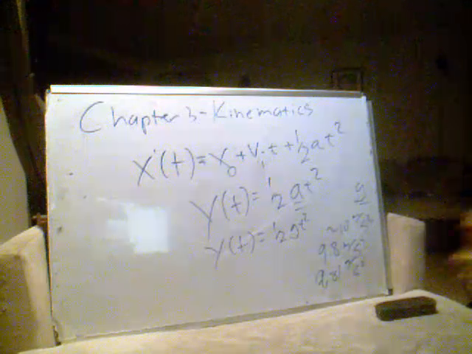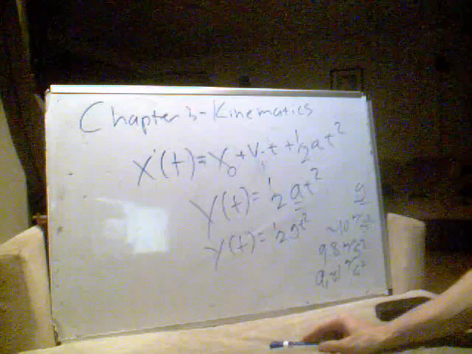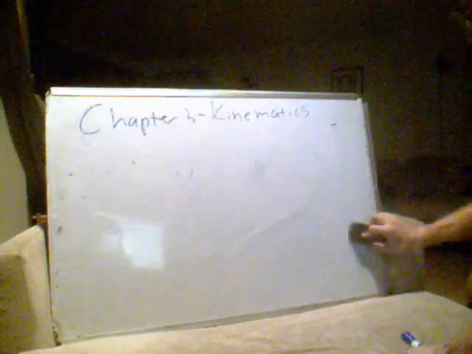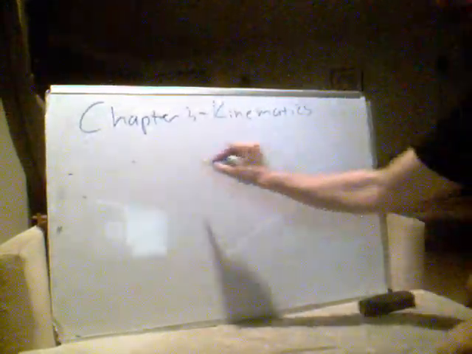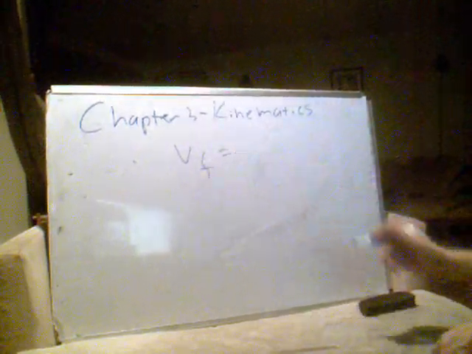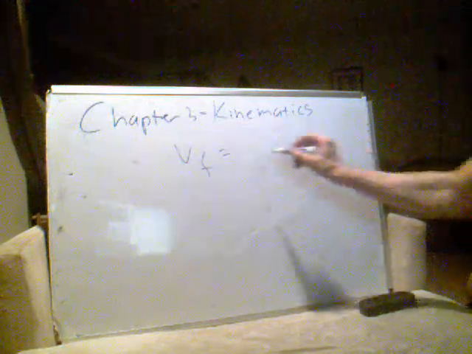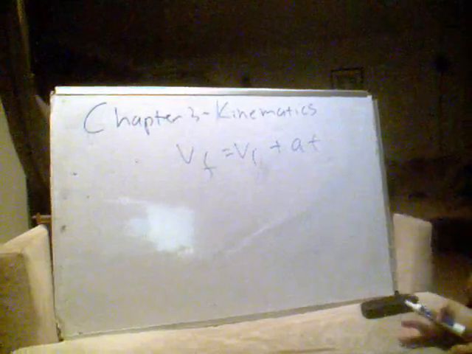Now, as an object falls, obviously it's going to fall faster and faster, right? And if we remember the definition of acceleration, your final velocity is your initial velocity plus acceleration times time, right?